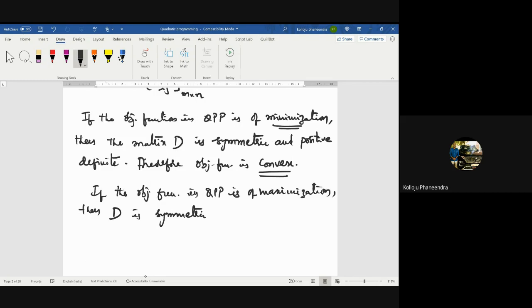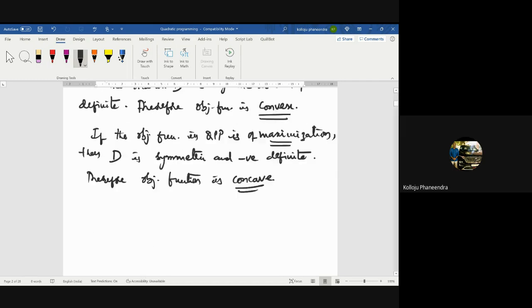D is symmetric and negative definite. Therefore, negative definite means what? Therefore, objective function is concave. Concave means what? It possesses maximization.